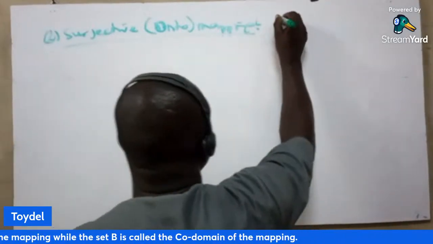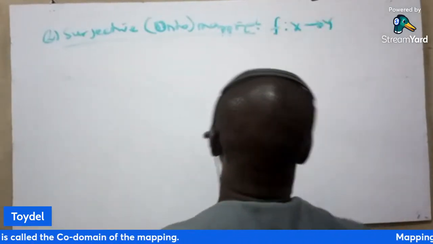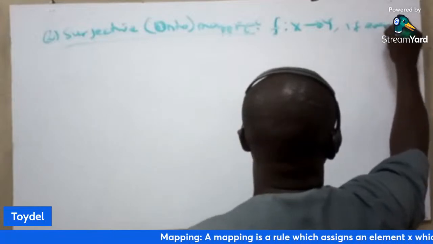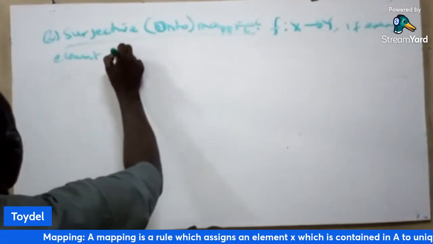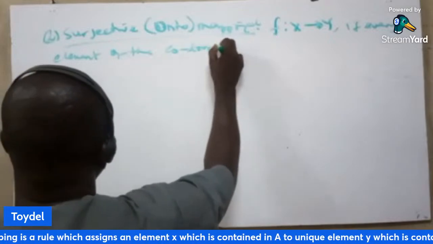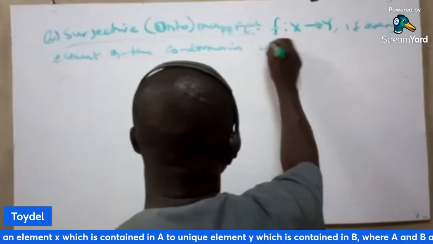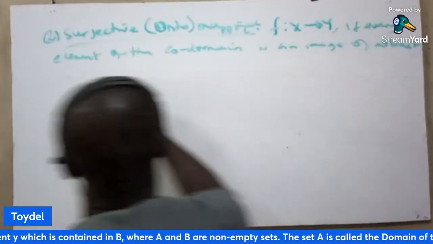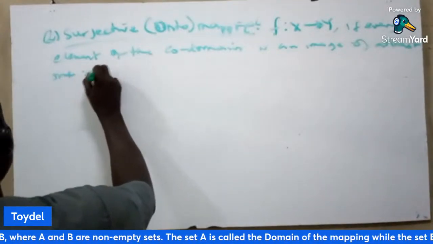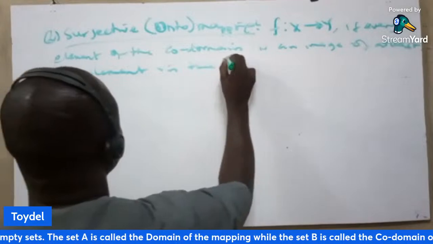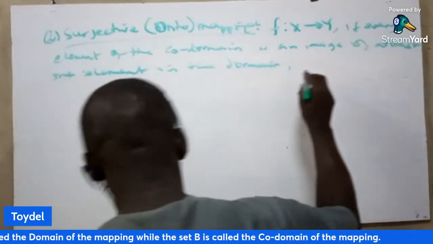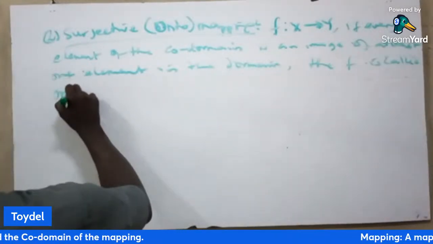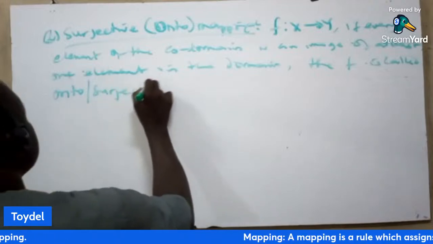That is under this now. What do we have? If we are given a function f from x to y, so if every element of the codomain, like for example the codomain is y, is an image of at least one element in the domain, then that f is called an onto or surjective mapping.